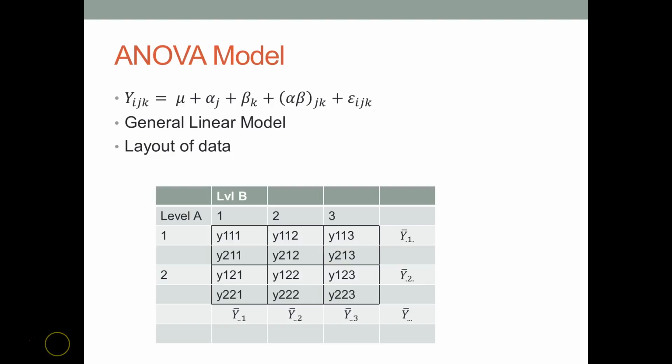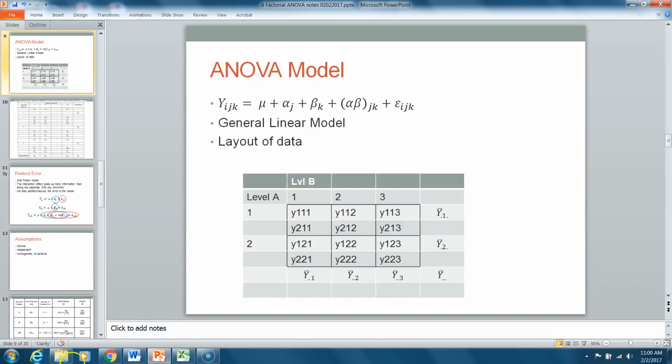So in this layout of data, I'll escape out of here just for a second so you can see me highlight stuff. This is level A. We have 2 levels, A1 and A2. Level B has 3 levels, level 1, level 2, and level 3. And we can see in level A1 and B1, there are people, or things we're counting, and that creates cell 1.